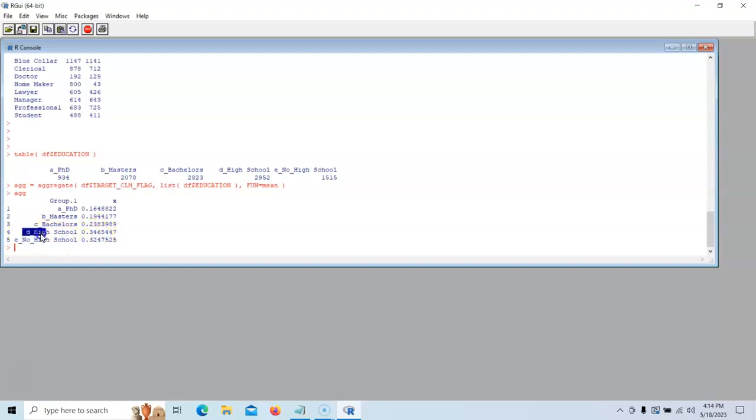It seems like your high school diploma people are slightly riskier. Is it statistically significant? Probably not. But the point is, we can see a clear path here: the more education you have, the safer you are. So I've now learned something.